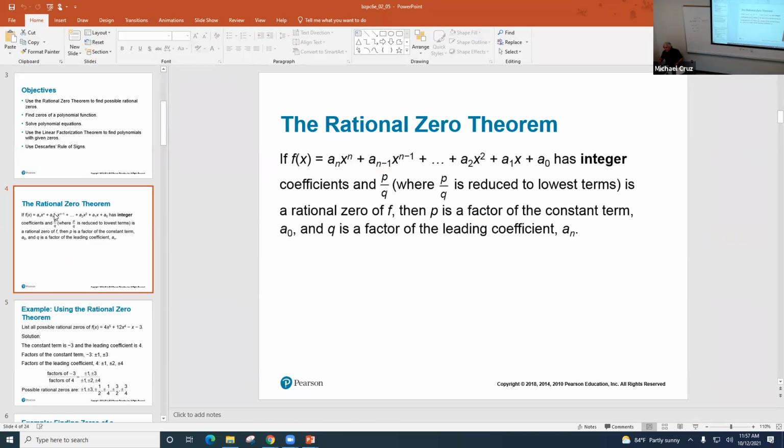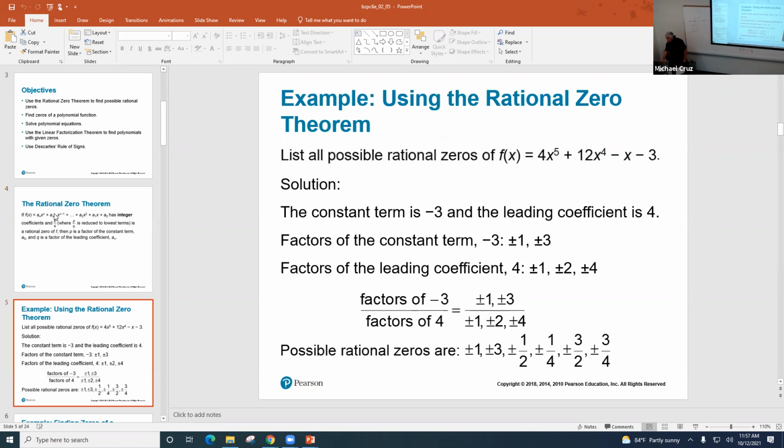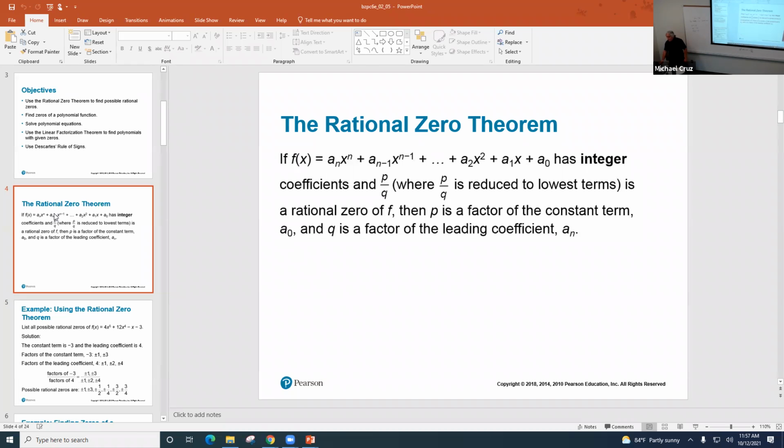All right, you can read all this, but it basically tells us that whatever the coefficient is of the first term and the coefficient of the second term, we can do this P over Q, reduce to lowest terms, and that'll tell us a possible factor. That to me is a pain.